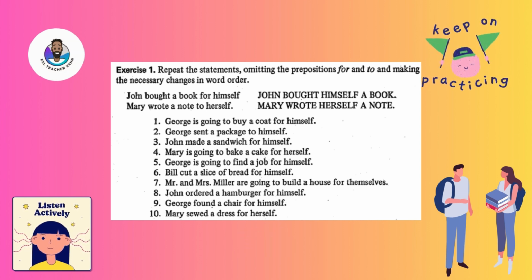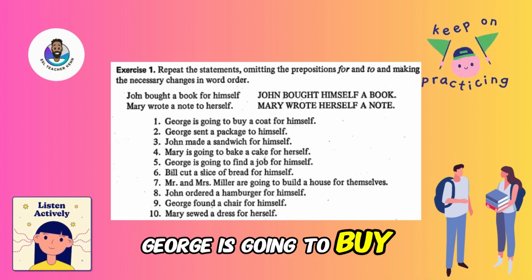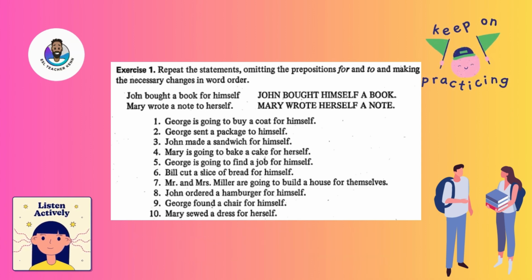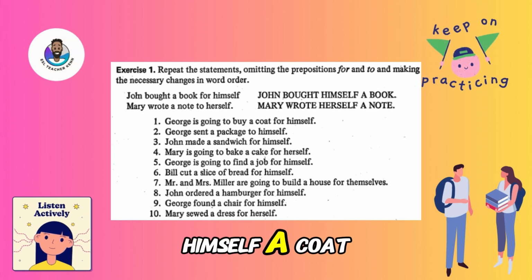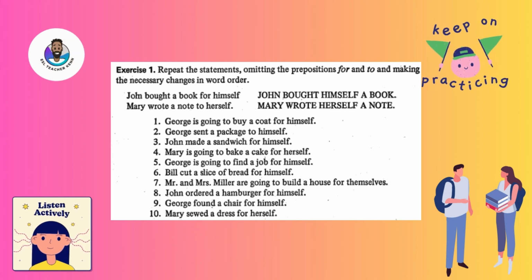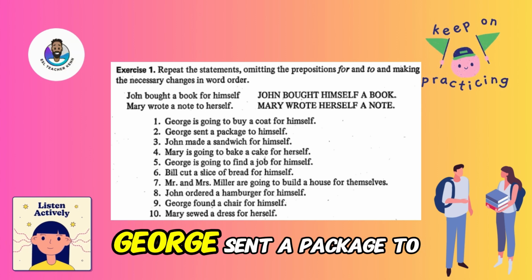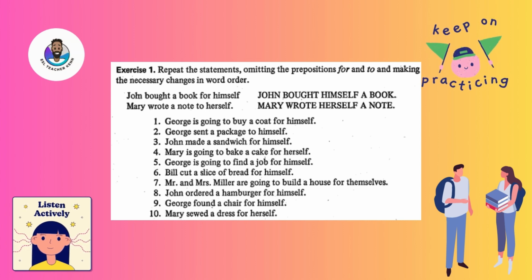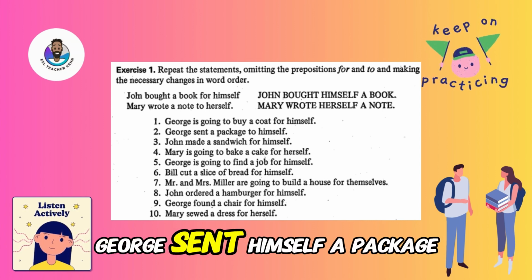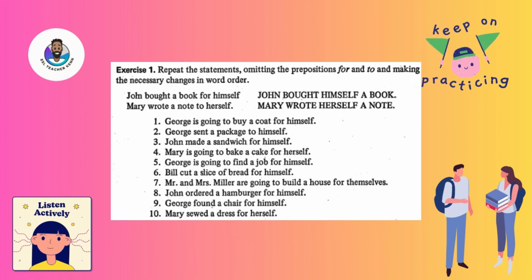Number 1. George is going to buy a coat for himself. George is going to buy himself a coat. George sent a package to himself. George sent himself a package.